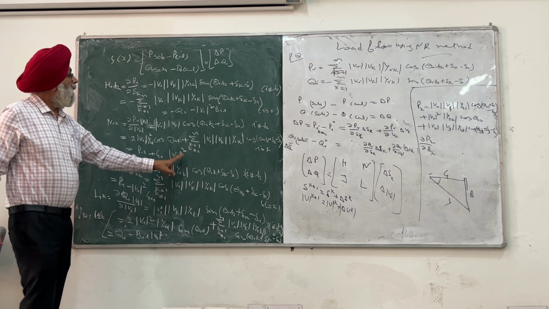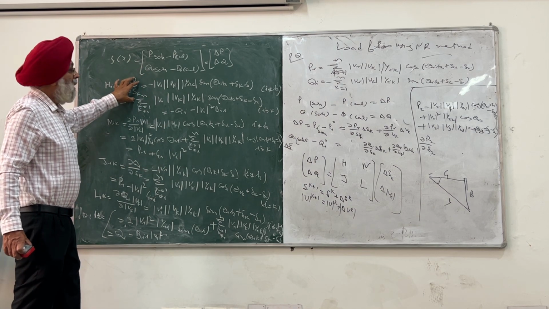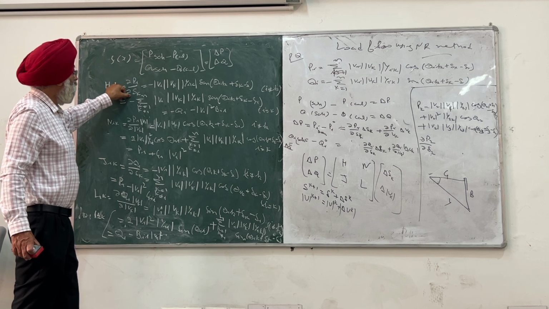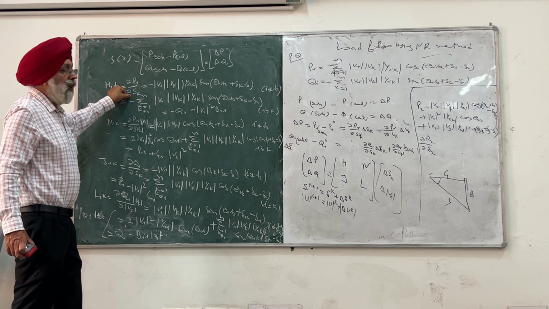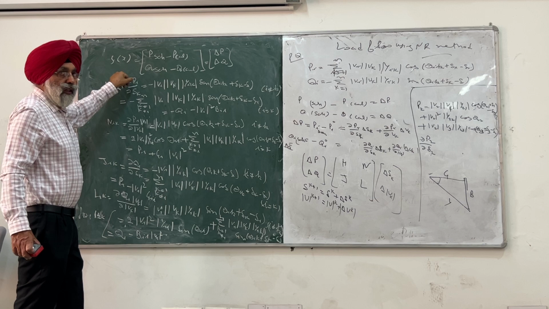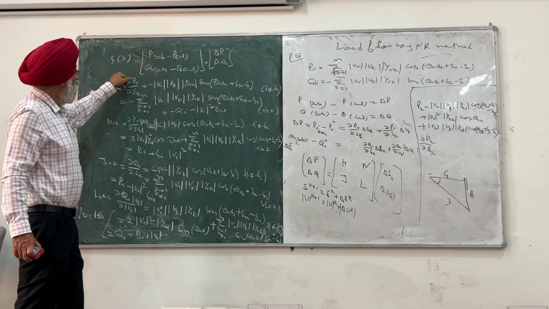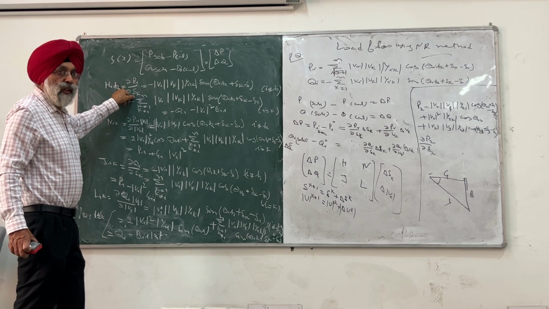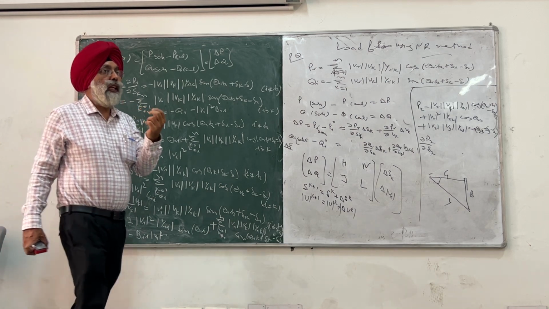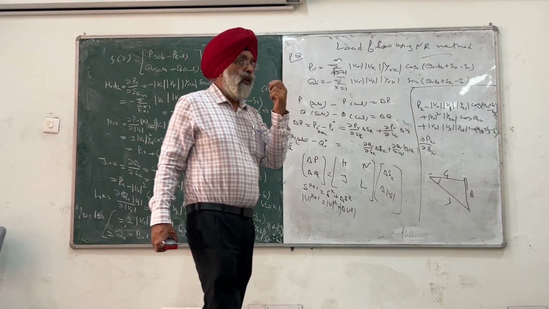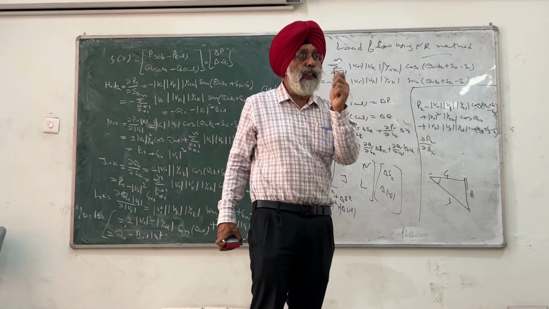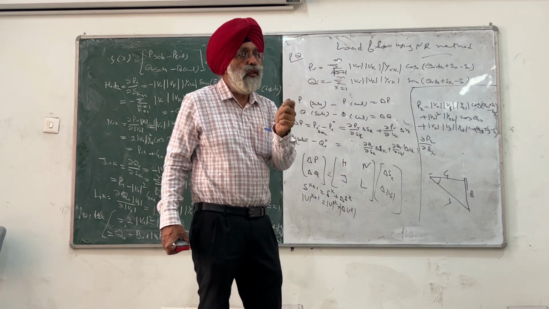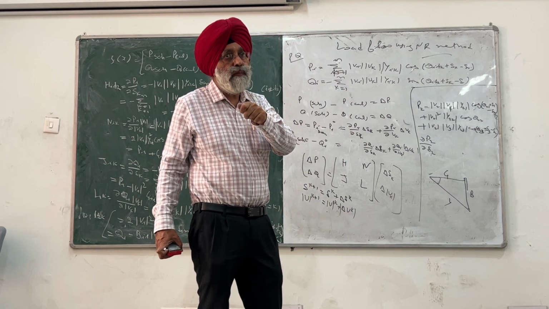We are taking the derivative of P at bus number I with respect to delta at bus number K. Let us suppose we are taking the derivative of the P at bus number 2 with respect to delta at bus number 2.